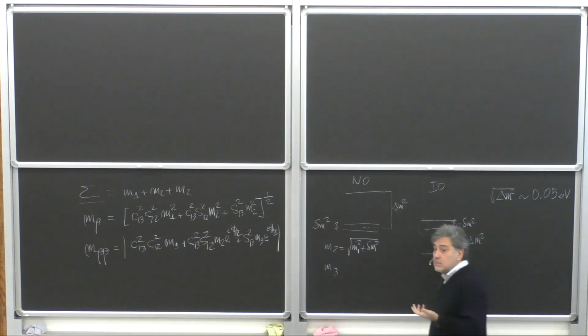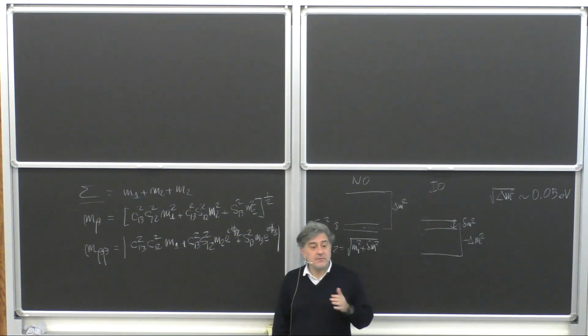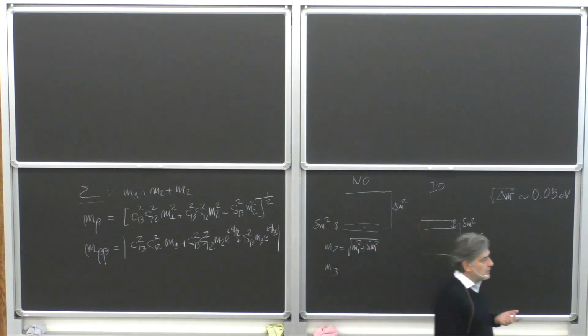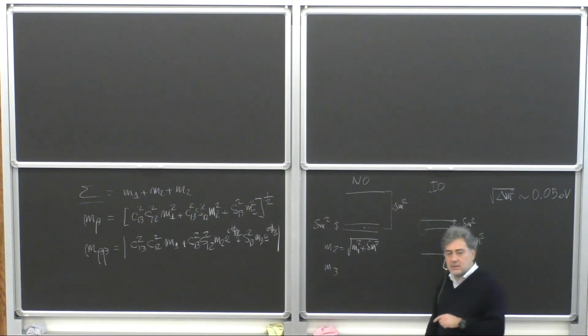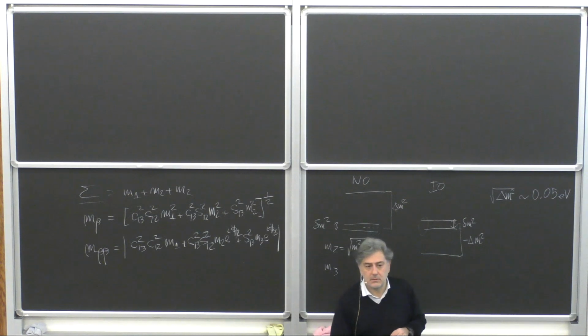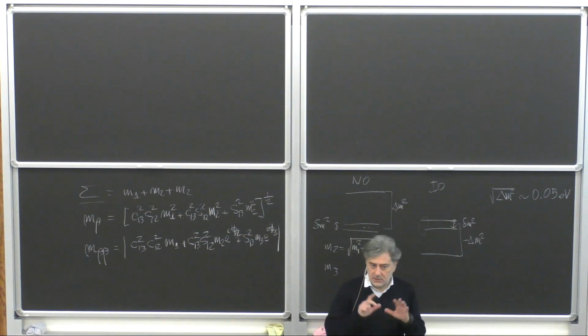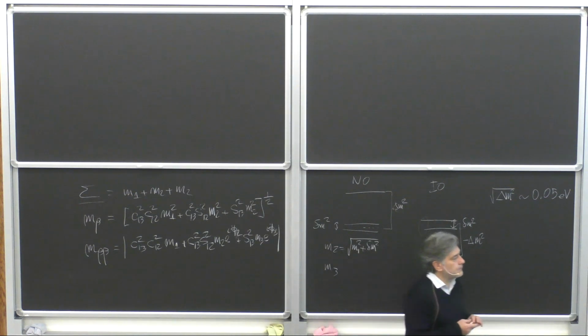And the nature of neutrinos, whether Dirac or Majorana: oscillation experiments cannot tell you this, but if neutrinoless double beta decay is observed, then necessarily you know that neutrinos are Majorana particles. And this is the picture right now.